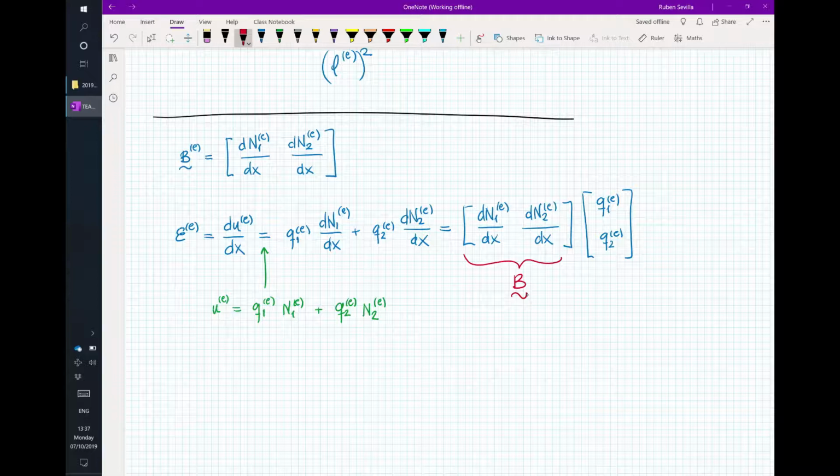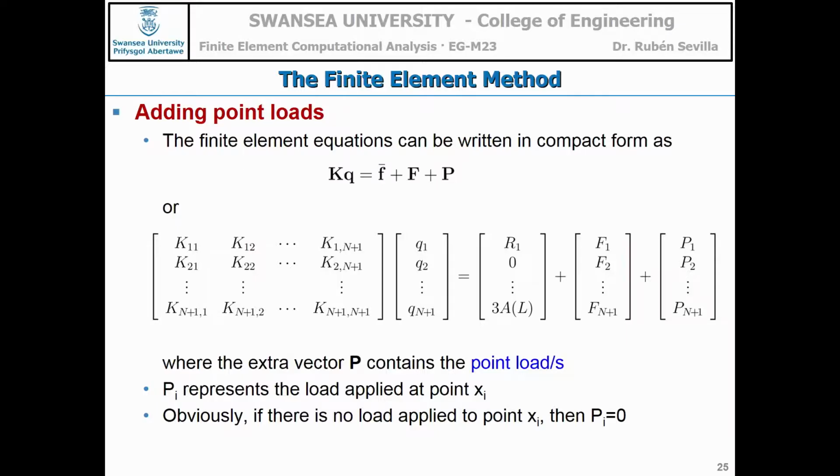Okay. What else? Point loads. Well, that's just for completeness, I would say. This is the system of equations that you would get in general, with F small plus capital F. F small accounts for the boundary.